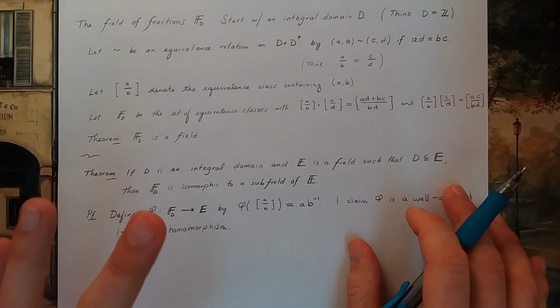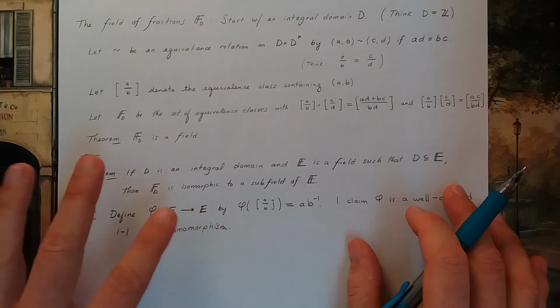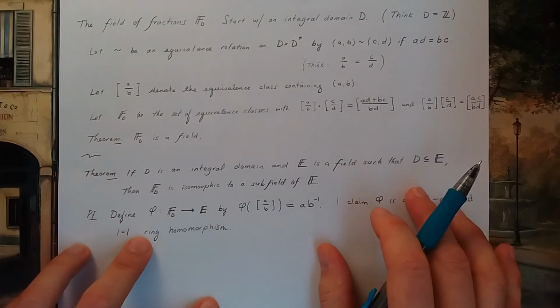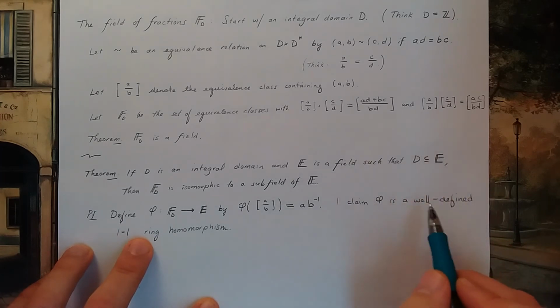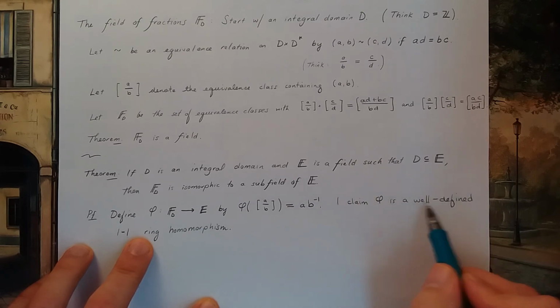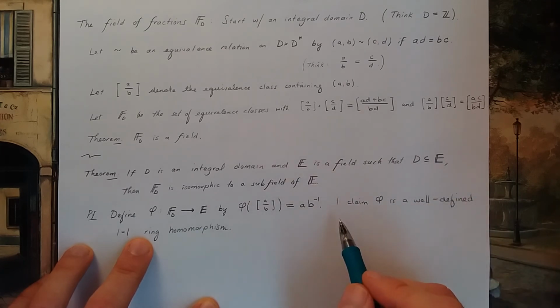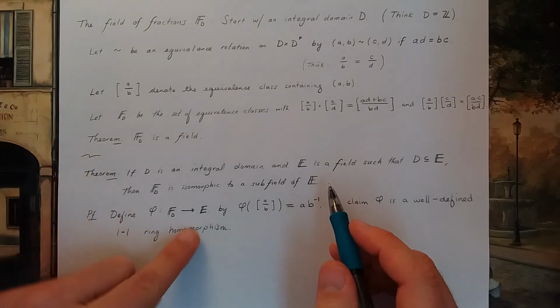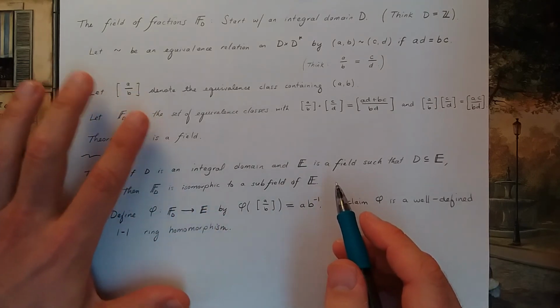Again, these checks are completely routine, so I'm not going to check them all. Why don't I just pick one of them and leave the others to you if you'd like. I showed well-defined in the last example. Why don't I show that it's a ring homomorphism with respect to addition?